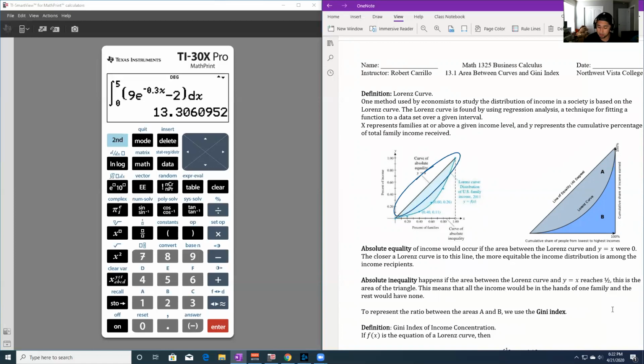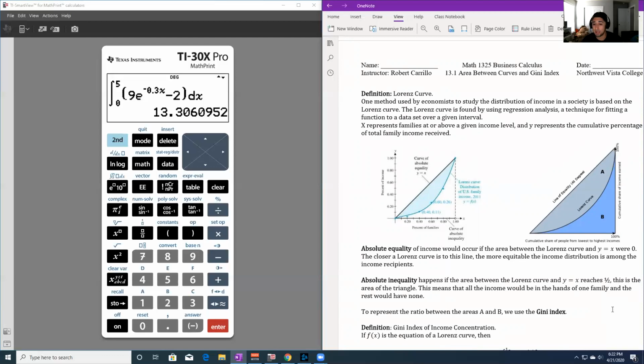But that's never going to happen, because if we hit that line of absolute equality, this means that the person next to you makes the same money as you, the person in another state makes the same money as you, everybody in the whole city is making the same amount of money. Is that ever going to happen? No, never.